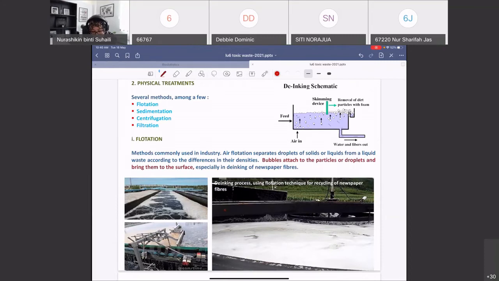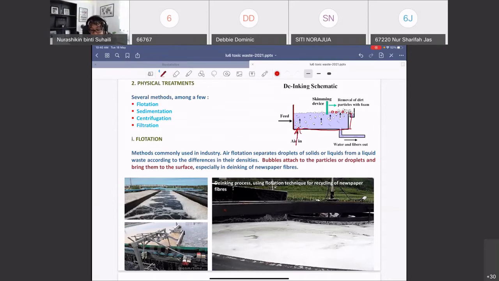by sparging air. This is the suspension containing whatever the toxic compounds. The air is sparged into it, right? So as a result, the bubbles are formed, right? And these bubbles will attach to whatever the particles or droplets, or in this case whatever the compounds that you want to remove.